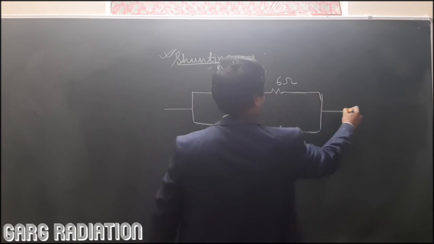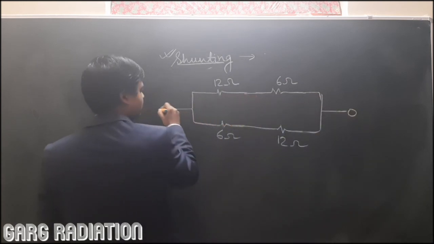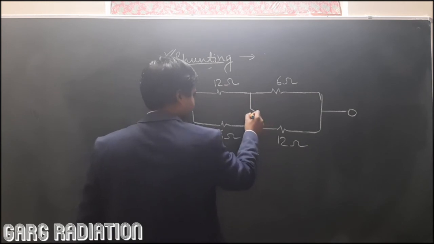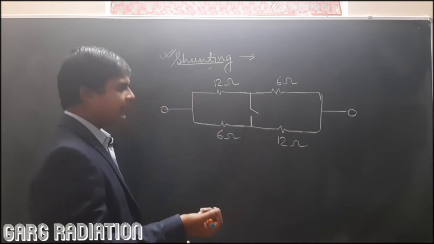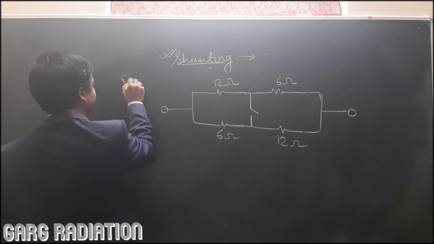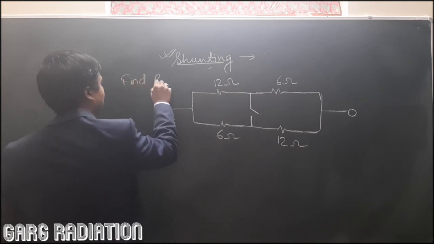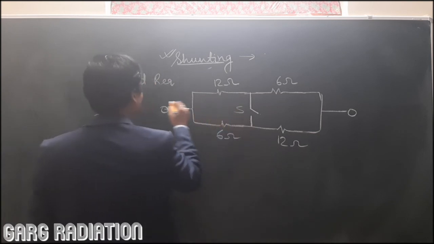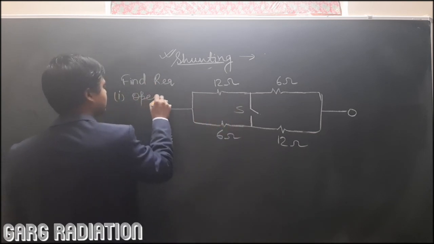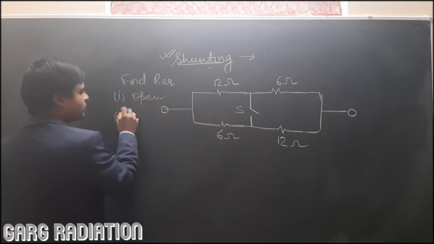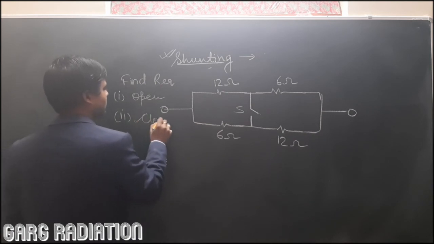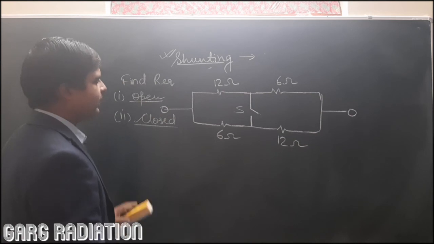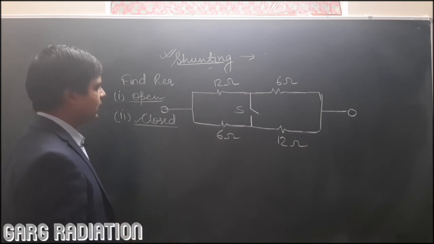These are connected like this, and if we connect these using a switch, we have to find R equivalent. Find R equivalent in two cases: when the switch is open, and second when the switch is closed. Okay, so this is what we have to do. Let's try to find out how we can do this.